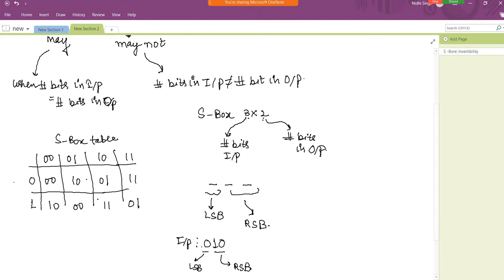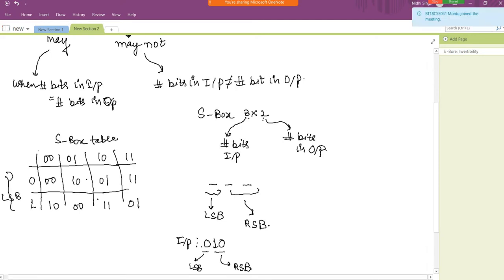So we read this one as the LSB bit, and this upper one will be the RSB bits. What will be the substitution value of 0, 1, 0? What will be the corresponding output? From the table, for 0 and 1, 0, the output value is 0, 1.